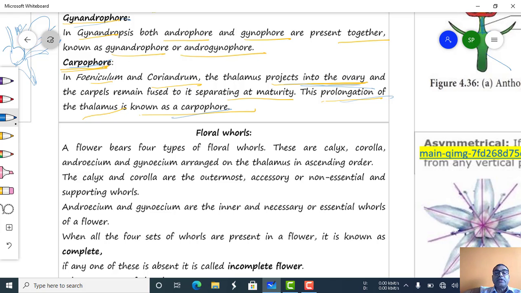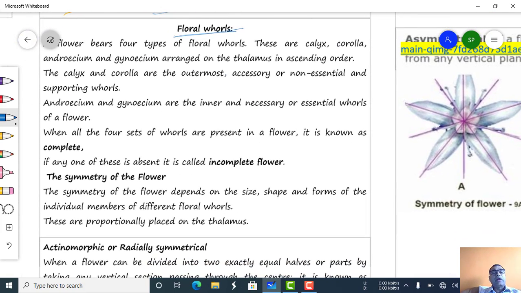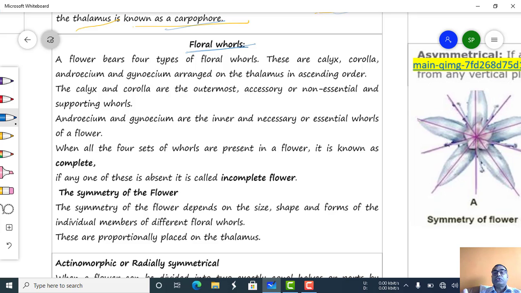Just see about the floral whorls. So a flower bears 4 floral whorls. These floral whorls are called the calyx, the outermost one, corolla, the second whorl, androecium, the third whorl, which is a male reproductive whorl, and gynoecium, the innermost whorl, which is a female reproductive organ, which are arranged on the thalamus in ascending order.